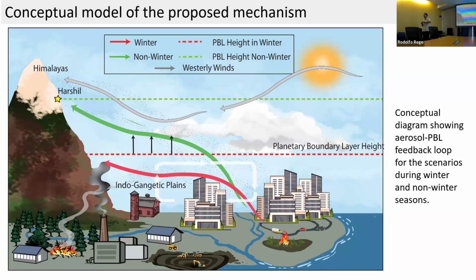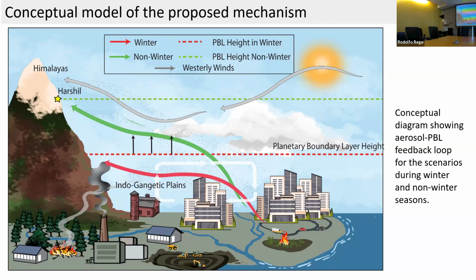Because of that, the planetary boundary layer height goes much higher, which allows all the contaminants to reach up there. But in winter, your planetary boundary layer height is much lower, which caps the contaminants at a regional, local level. Everything remains a transport mechanism, which is controlled by the planetary boundary height.